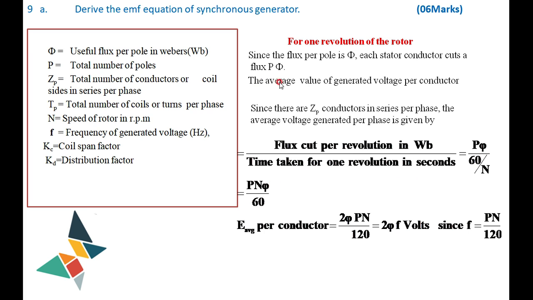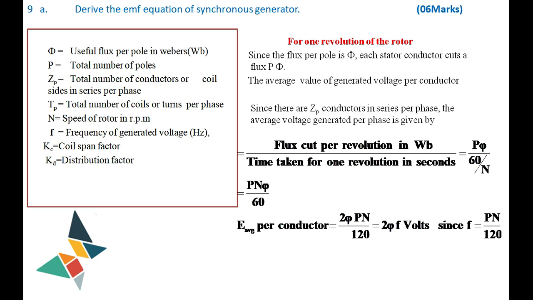That is what I am calculating here, the average value of generated voltage per conductor. The flux cut by a single conductor in a single revolution is P into phi, and the time taken for one revolution is 60 by N. Therefore, the average induced voltage in a single conductor is P N phi divided by 60.